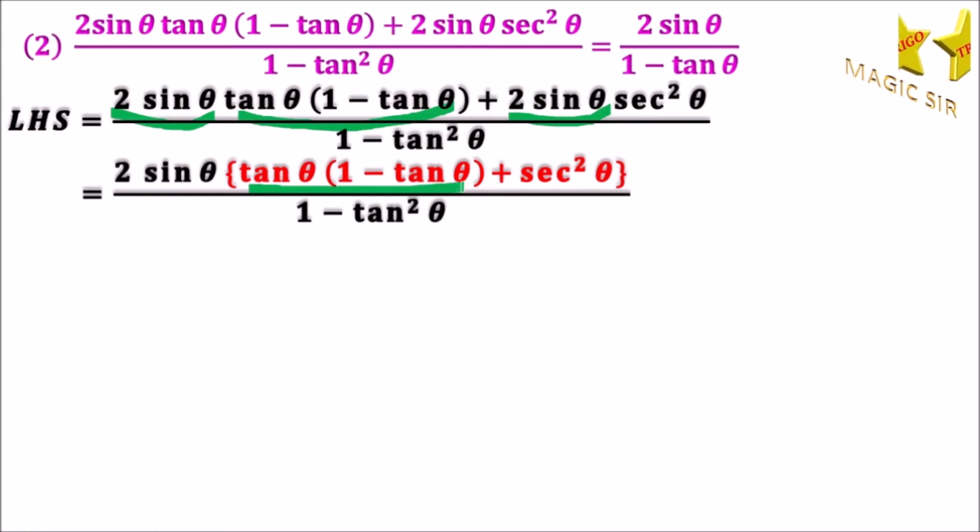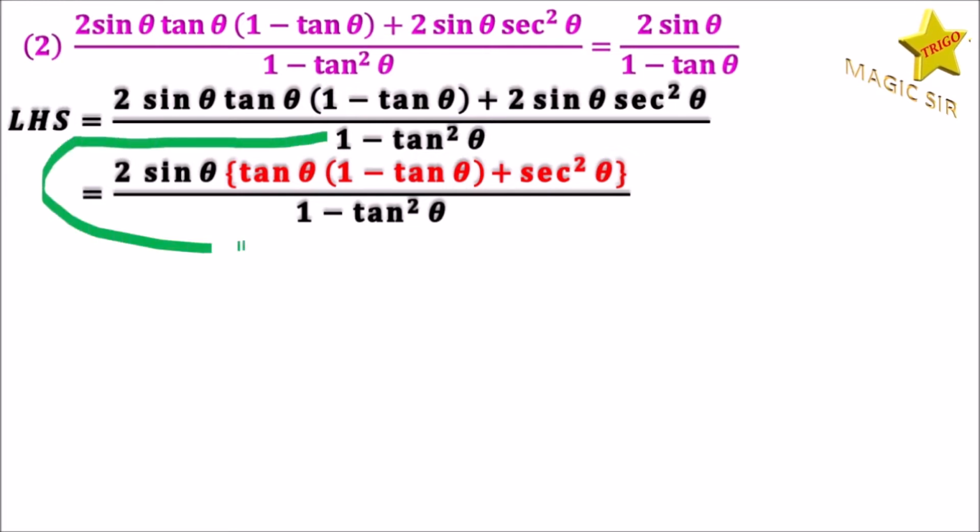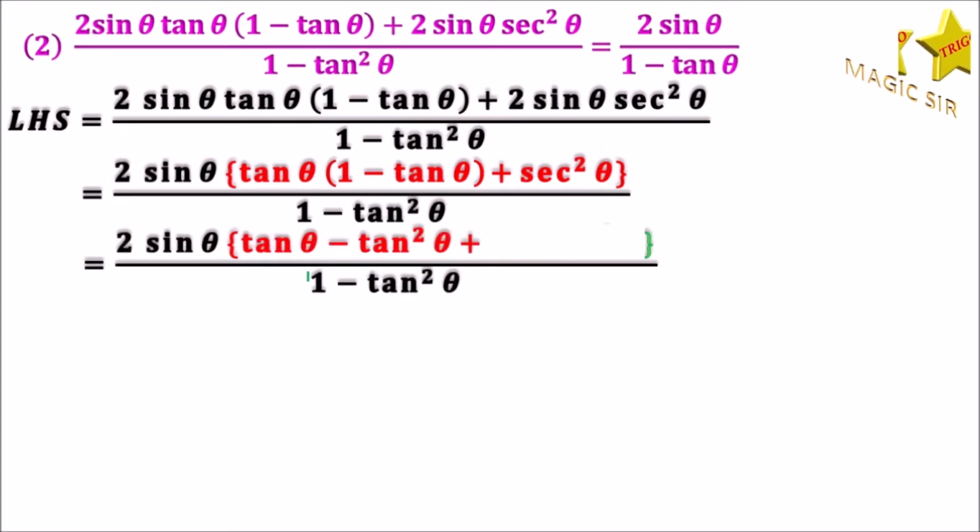to twice sin theta into bracket tan theta into 1 minus tan theta plus sec square theta, divided by 1 minus tan square theta. Now multiply tan theta with the bracket 1 minus tan theta, that is tan theta into 1 is equal to tan theta minus tan theta into tan theta is equal to tan square theta.